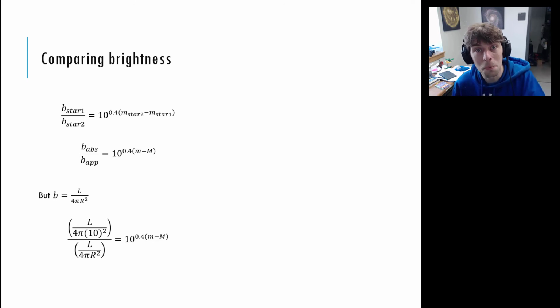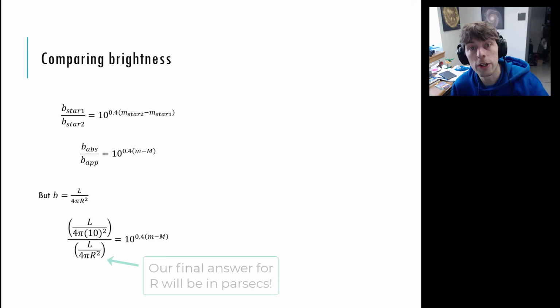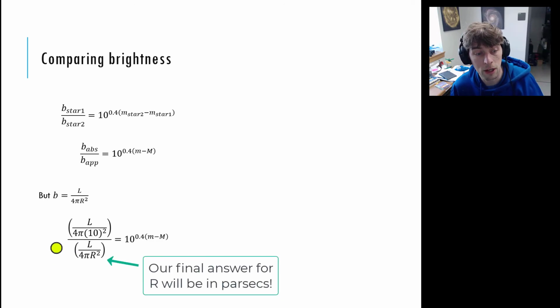Because the absolute brightness is as viewed from 10 parsecs. So right here, when I put this 10 in, keep in mind that now I'm dealing in parsecs. Notice in the bottom, I've just done the luminosity divided by 4 pi r squared.